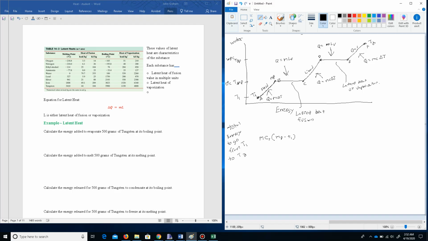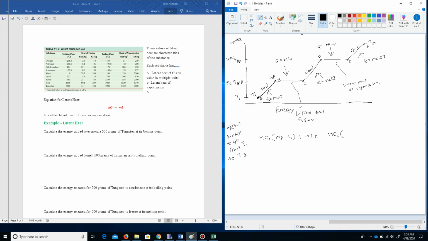Notice this is higher than that, so you're going to end up with a positive number, plus the mass times LF plus the mass times the C as a liquid times your change in temperature.